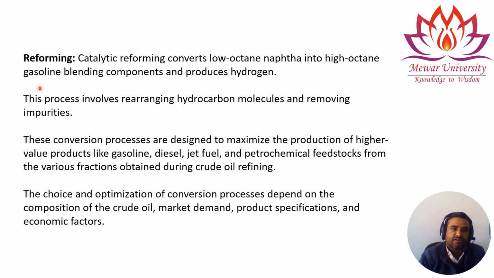This process involves rearranging of the hydrocarbon molecules and removing the impurities. These conversion processes are designed to minimize or maximize the production of higher value products like gasoline, diesel, jet fuel, petrochemical feedstock from the various fractions obtained during the crude oil refining.